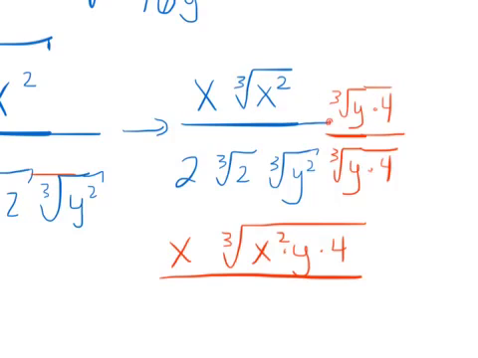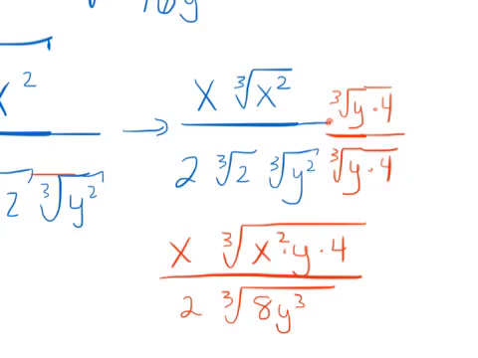The denominator becomes 2 on the outside, cube root of. Now, watch what I'm going to do. This 2 times this 4 gives me an 8. This y squared times this y gives me y cubed.